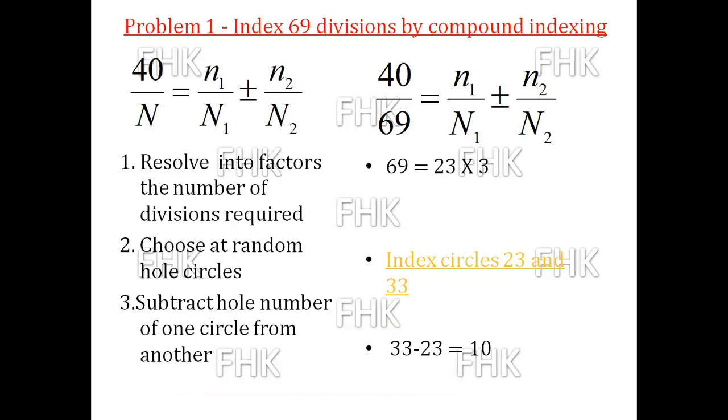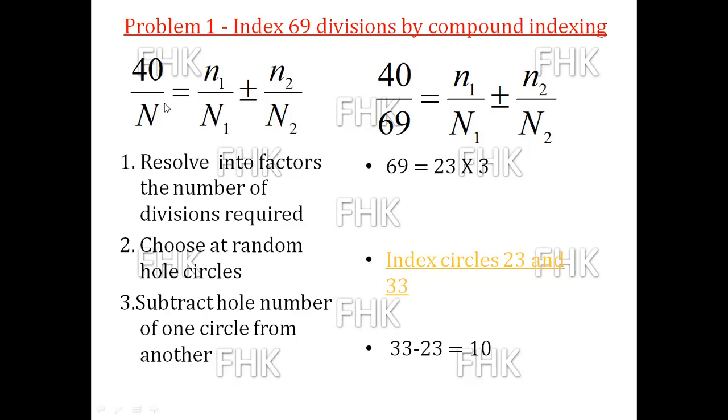Okay, now to understand this concept, let us discuss one numerical, that is by compound indexing. Index 69 divisions by compound indexing. That means you have to make 69 teeth on the blank disk by compound indexing. So the formula here is 40 divided by N is small n1 by capital N1 plus minus small n2 by capital N2.